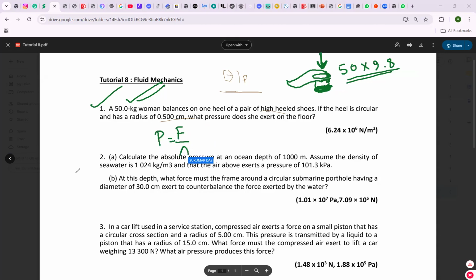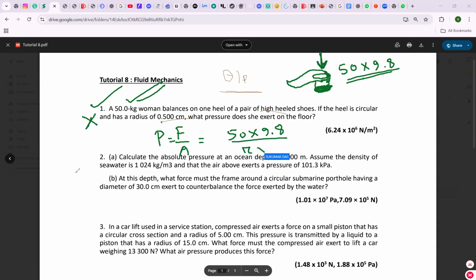No need to write rho g h. See, this is where you have to understand. There is no fluid here. So we have to look into the basic formula. Pressure is equal to force by area. So what is force? 50 times 9.8. What is area? Area is pi r square.